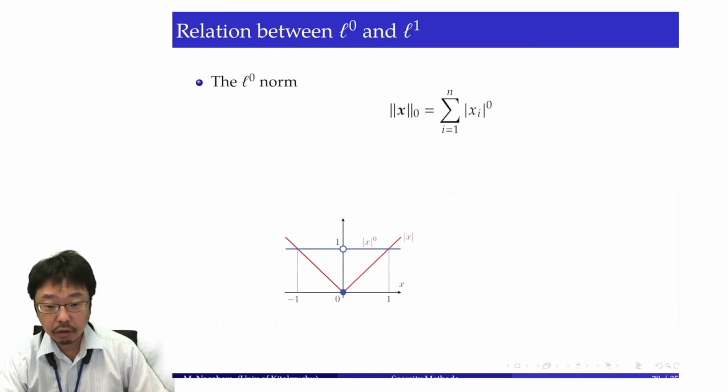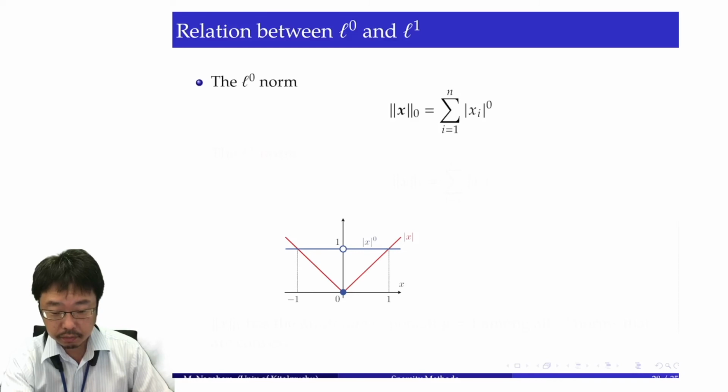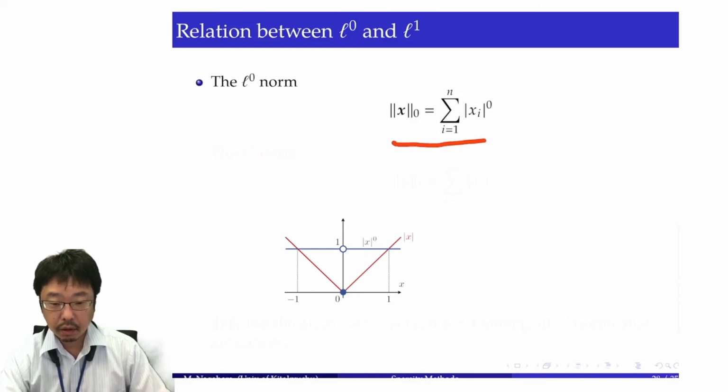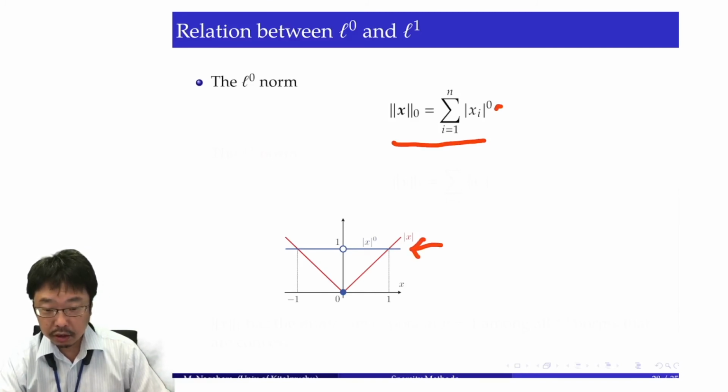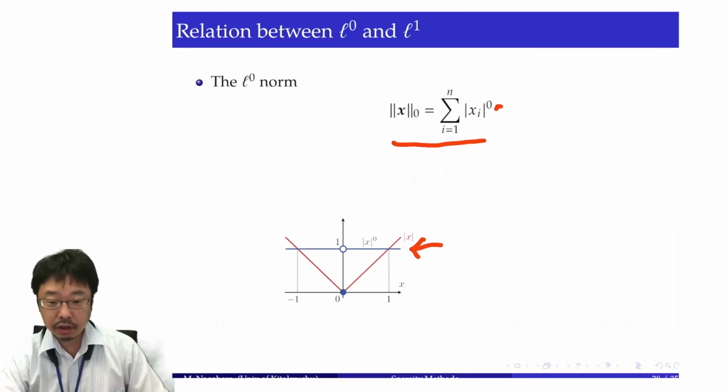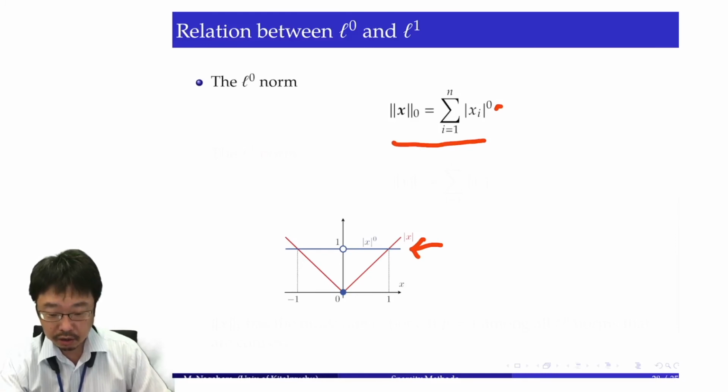Here, I also give an explanation of relation between L0 and L1. The L0 norm can be rewritten as this, where the absolute value of xi to the power of 0 is defined by this graph, where 0 to the power of 0 is defined as 0.